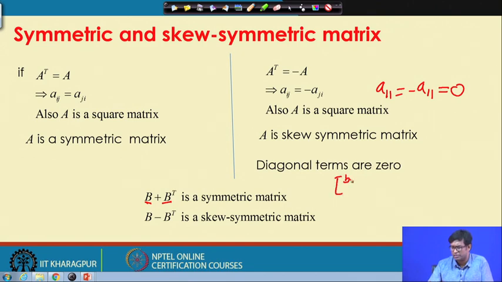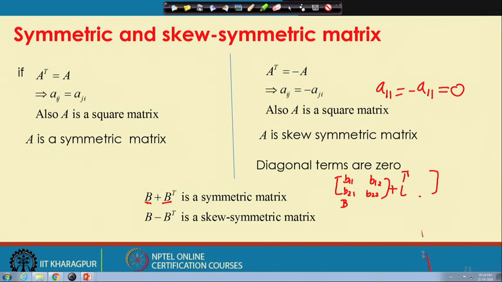So, take any general square matrix B, with entries B 1 1, B 1 2, B 2 1, B 2 2, and add it with B transpose, which is again B 1 1, B 1 2, B 2 1, B 2 2 arranged transposed, and the addition will give us 2 B 1 1, B 1 2 plus B 2 1, B 1 2 plus B 2 1, 2 B 2 2.